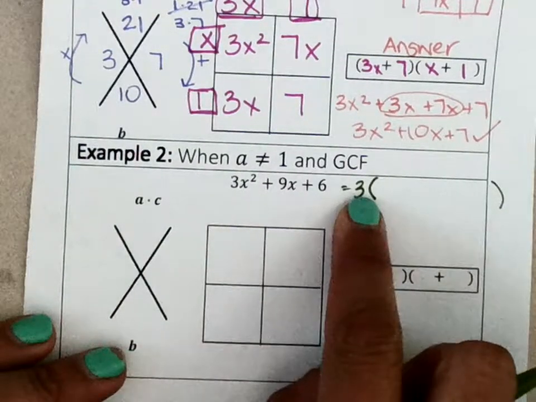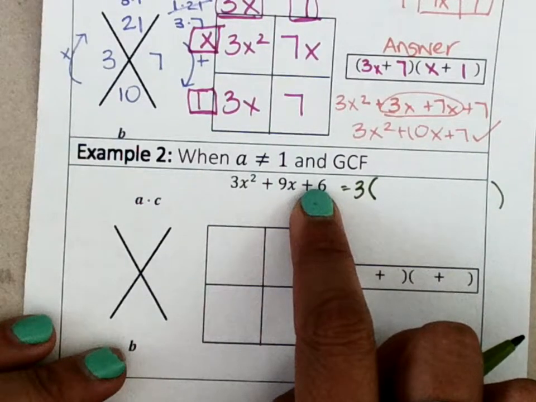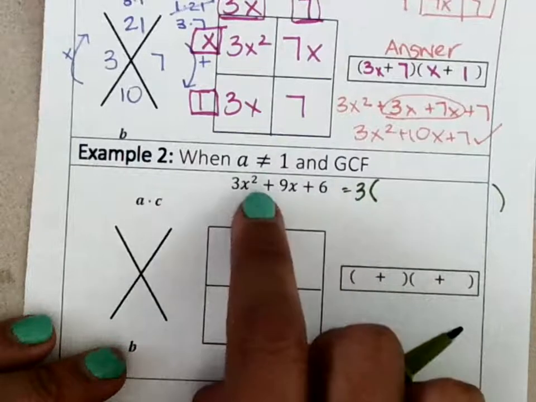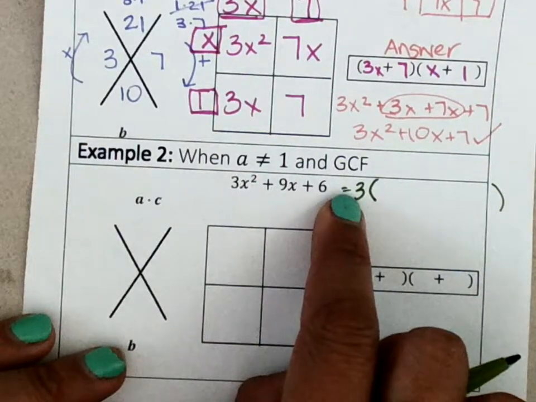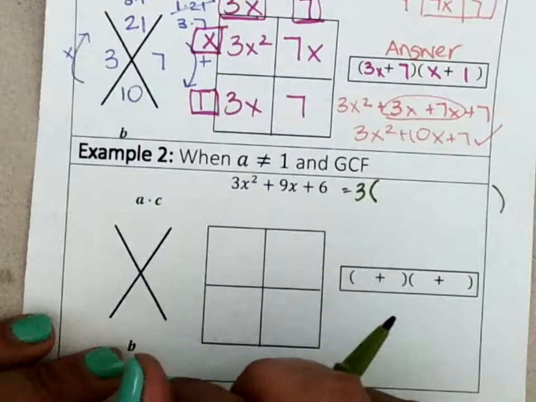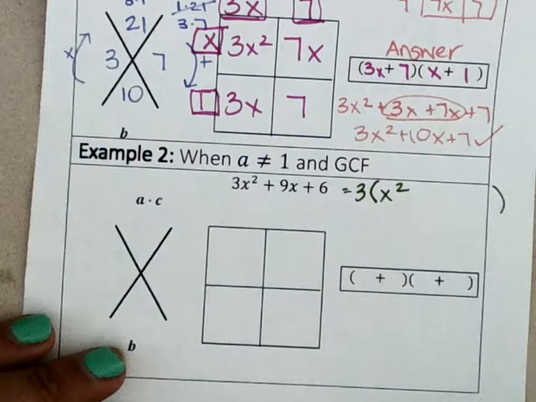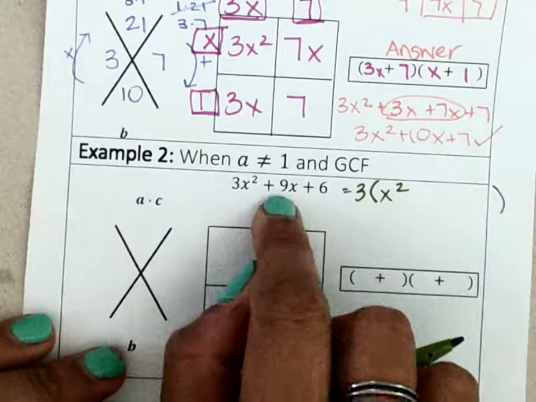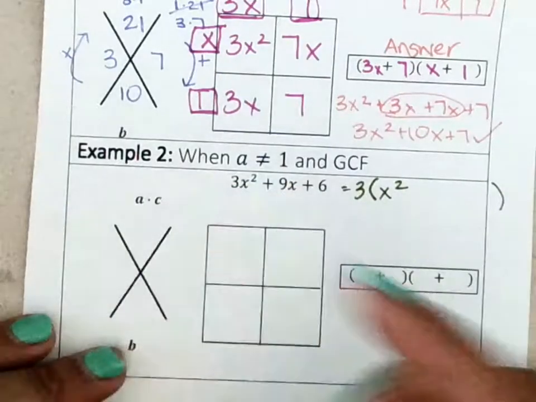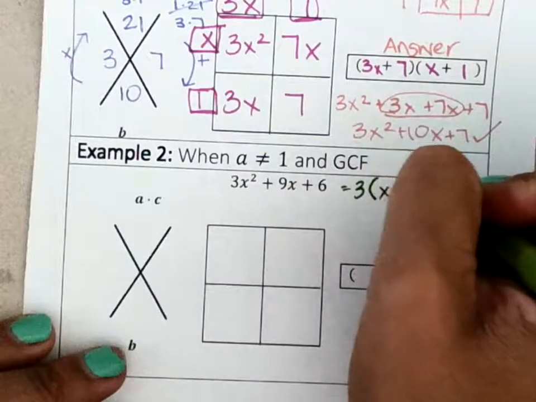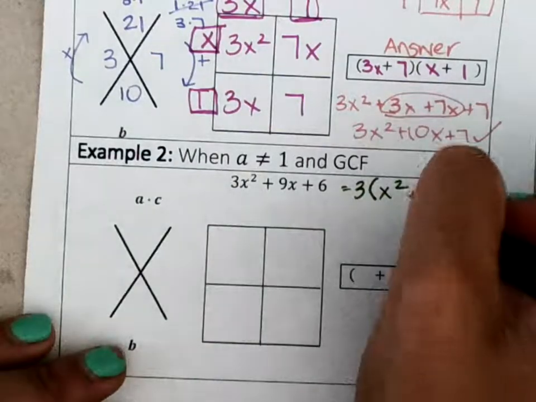So that's going to change all of these terms, and you can figure out what it'll change to by dividing by 3 into each one. So 3x squared divided by 3 is going to just be x squared. 9x divided by 3 will be 3x. And 6 divided by 3 will be 2.